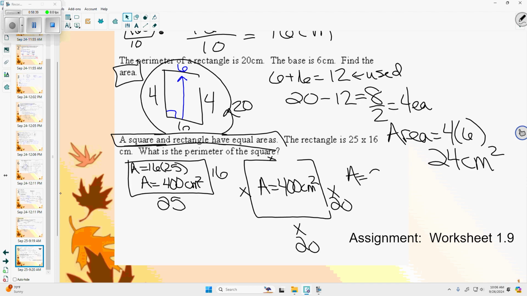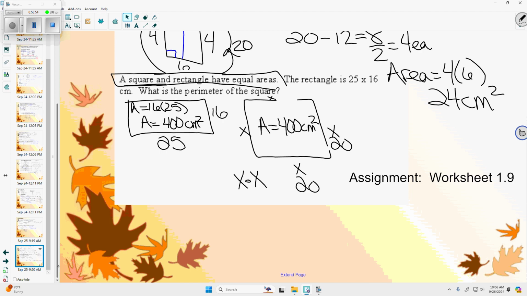Absolutely. So can I get that number if I don't know it off the top of my head? When you take something times itself, like I take x times x, how's that written? X to what power? So if I know x squared is 400, how do I get what x is? I don't think we divide. How do you undo a squared?